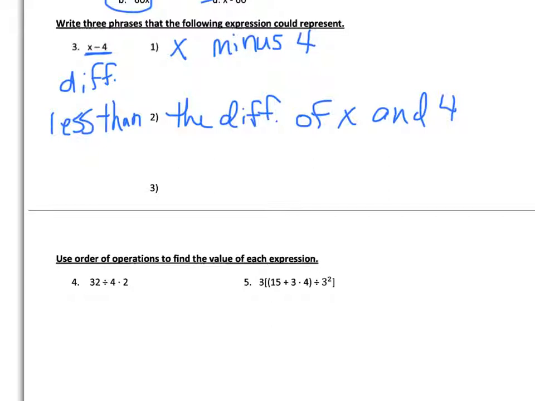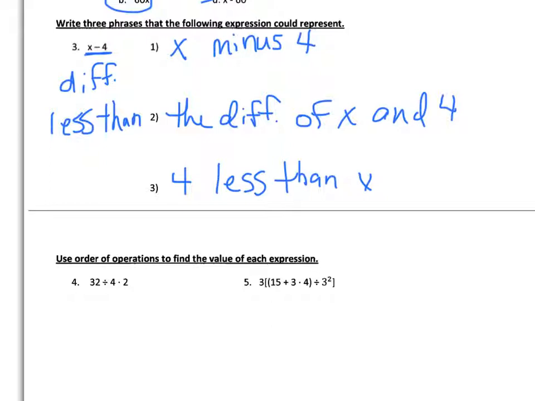You're going to flip it, so you're going to put 4 less than x. So we'll write 4 less than x. Okay, so there's 3 different phrases. Again, we could keep going. There are a couple more we could do, but those 3 will do.